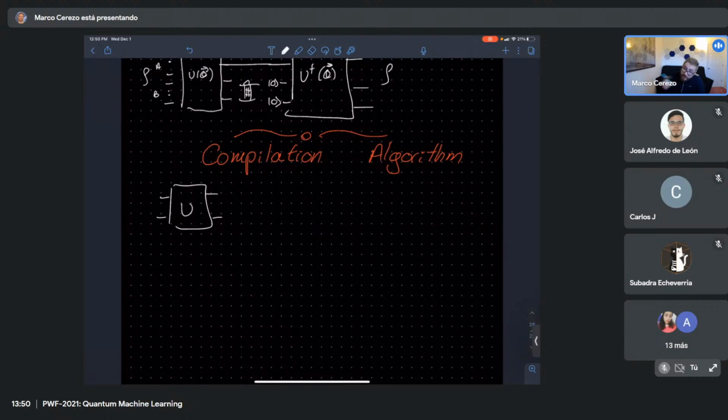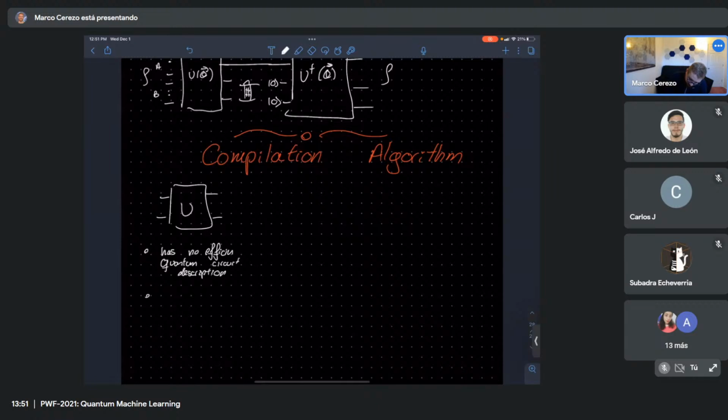And this is going back to the original thing that we said, how do we transform a unitary into a sequence of quantum gates? So I have a U that has either no efficient quantum circuit description, or maybe it's even unknown, right?